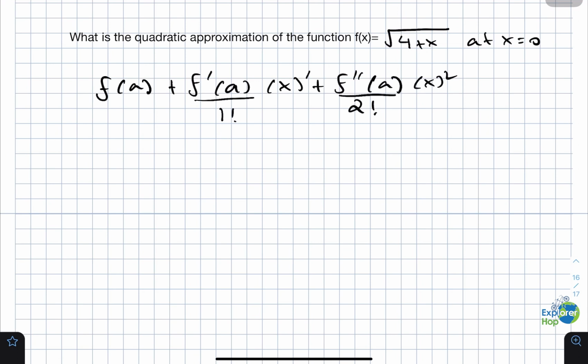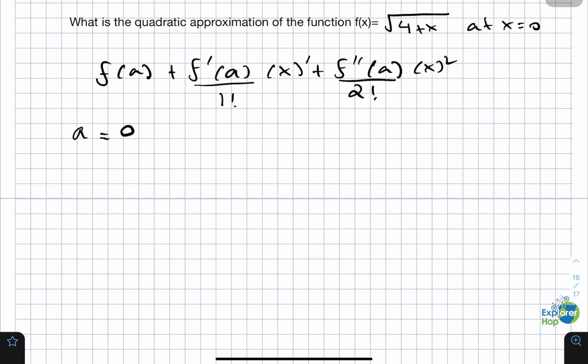And so the first step we should do is find out a, which is equal to 0 in our case. And the second thing we should do is find out f of x, f prime of x, and f double prime of x.